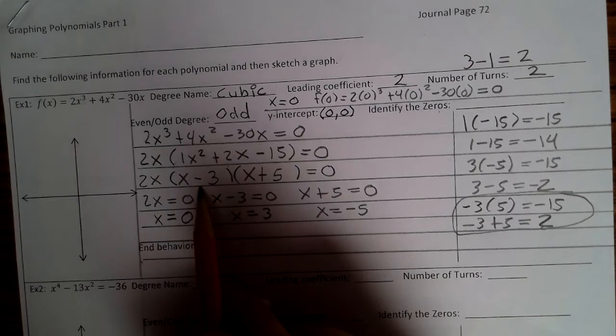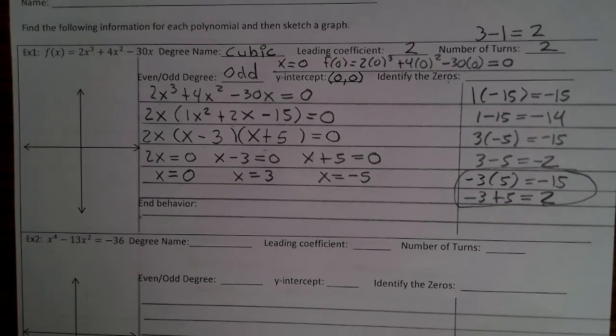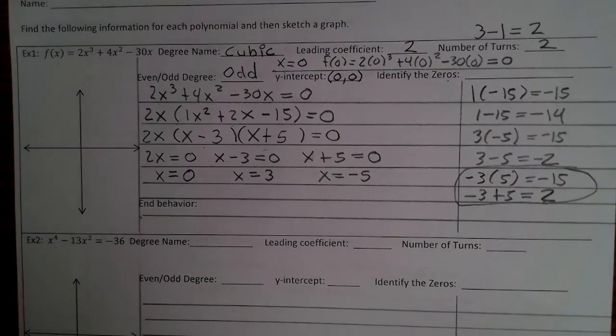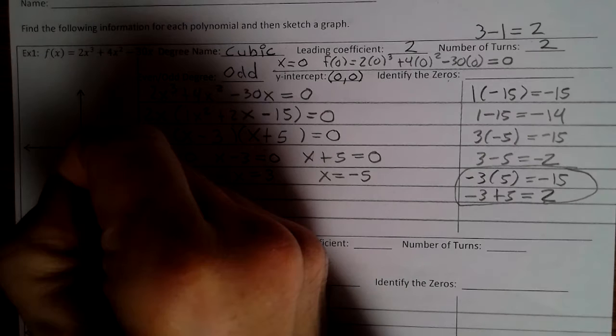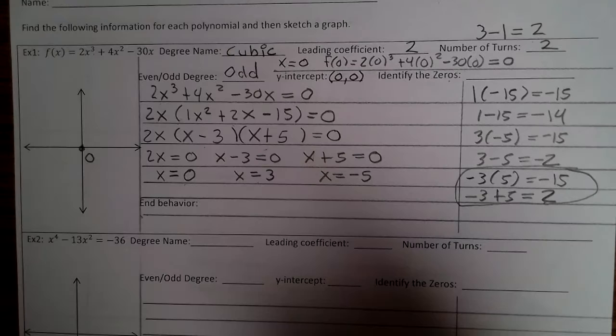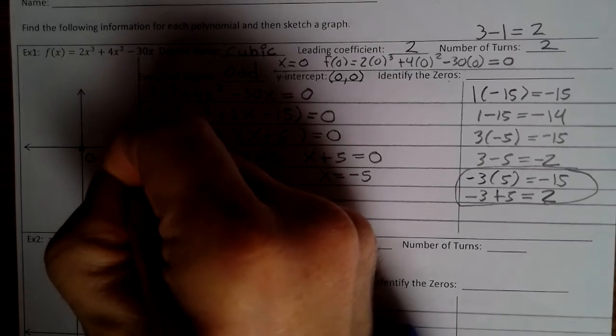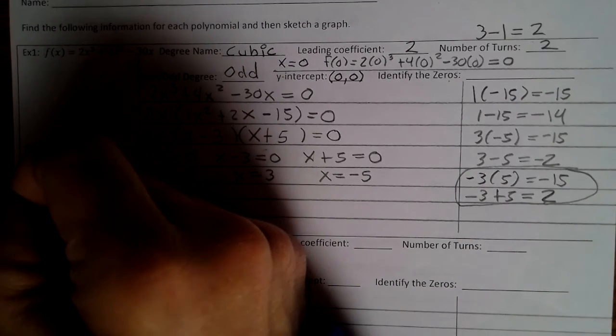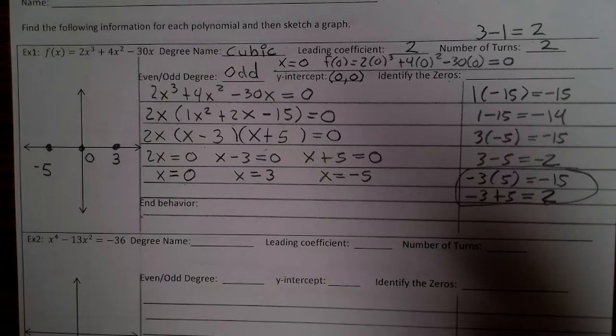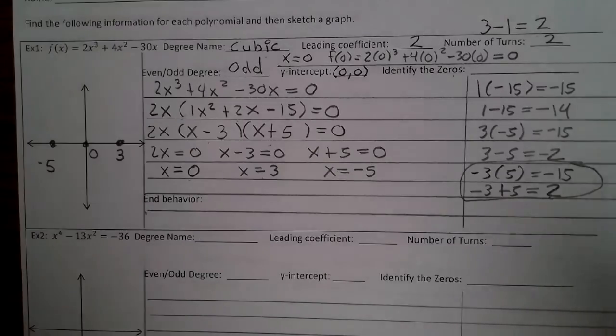All right, end behavior. Okay, before we get to that, let's graph our x-intercepts. So 0, 3, okay, and then negative 5. Now we know from our notes that it's cubic. Since the leading coefficient is positive, we know that that's our curve.